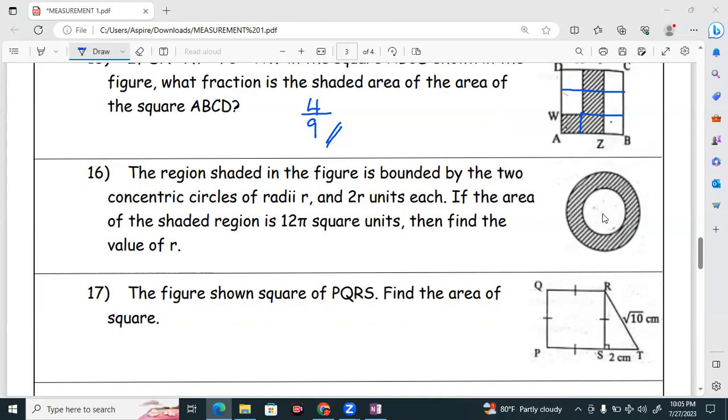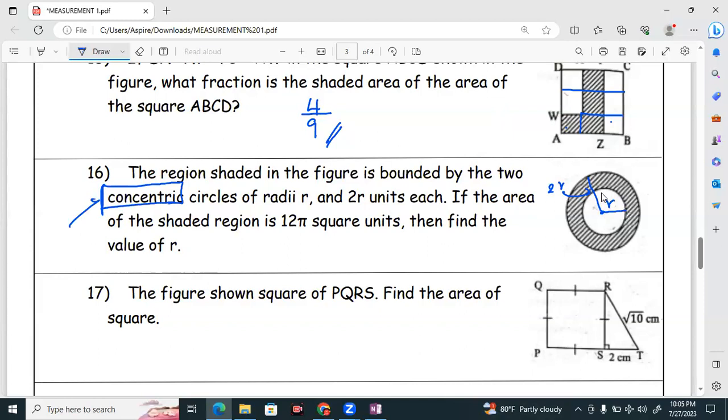Okay, then r is this one, 2r is this one. What is meant by concentric circles? Do you know? Concentric circles mean circles with the same center.